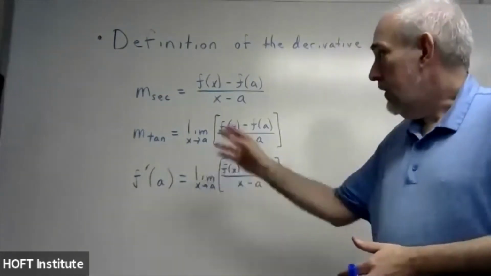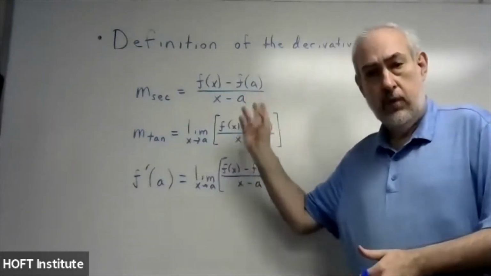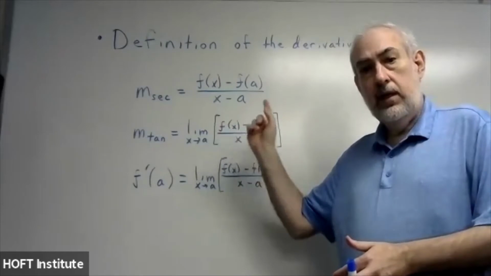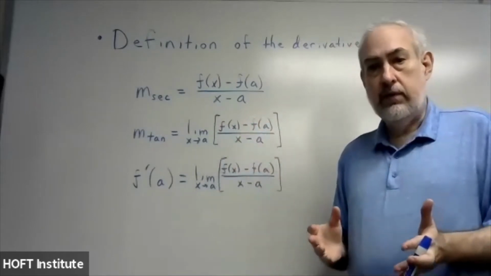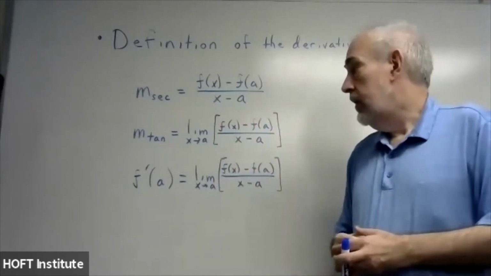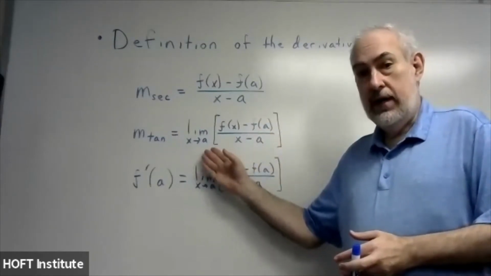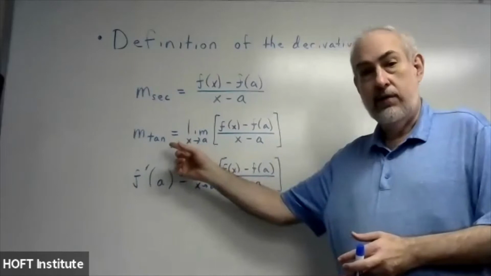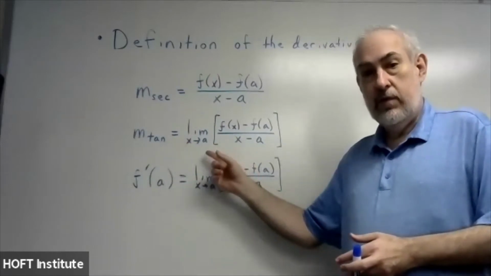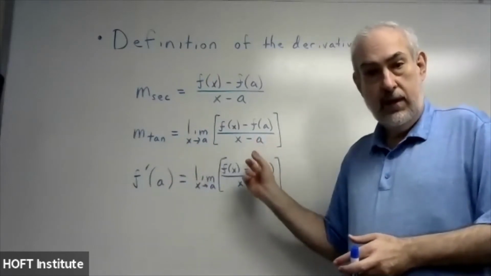Anyway, as we've talked about previously, this is the equation of the slope of the secant line, specifically between the 2 points x equals x and x equals a. Now that we've learned about the limit, we can define the slope of the tangent line to be the limit as x approaches a of the slope of the secant line.